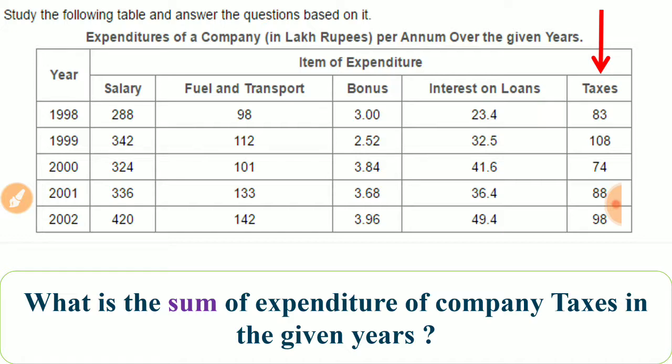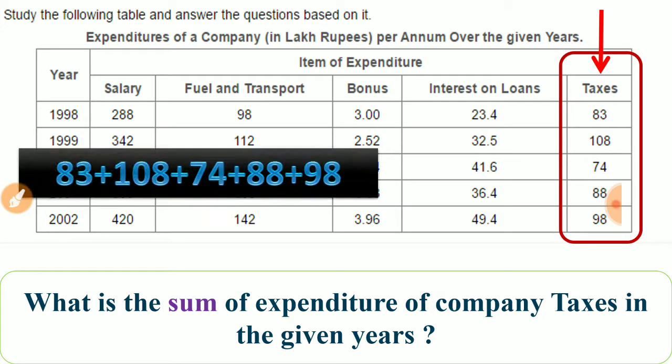The tax box is the last box, the brown colored one. I marked it in a brown border, and we have to find the sum of expenditure of these taxes in the given years. So it is 83 plus 108 plus 74 plus 88 plus 98.